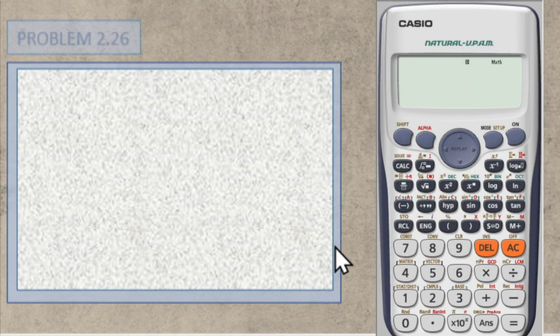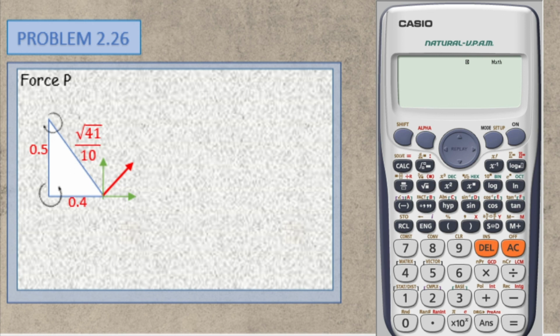Now, let's try to solve problem 2.26. It is just the same as problem 2.25. We need to find our force P. So this is our given figure. Based on our textbook, we are given at point O 80 Newton meter rotating in the counterclockwise direction. For our point A, we are given 200 Newton meter rotating in the clockwise direction.